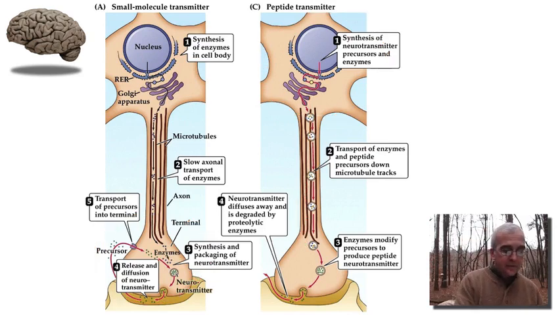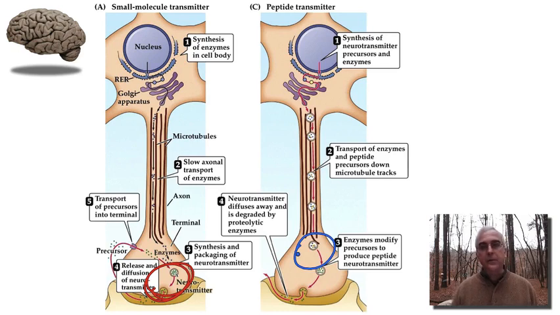A couple of other differences to note. Small molecule transmitters typically are packaged into vesicles that are concentrated right along the active zones at the presynaptic membrane, whereas peptide transmitters are often found in vesicles that are diffusing around the presynaptic terminal further away from that active zone.